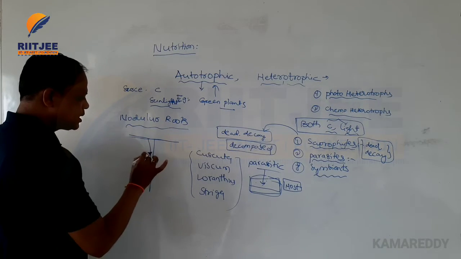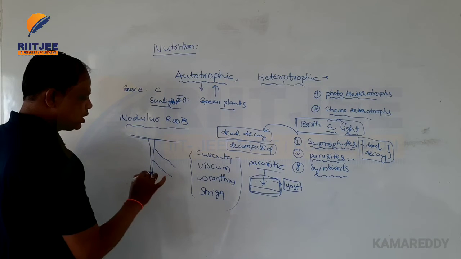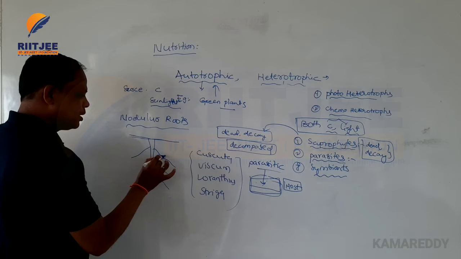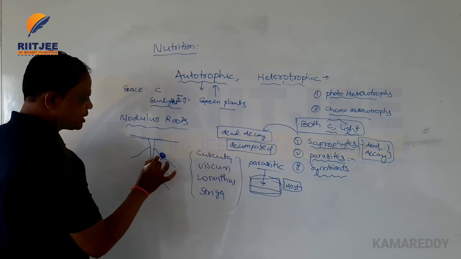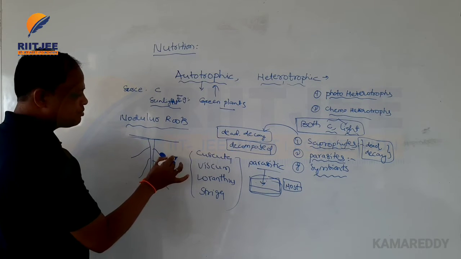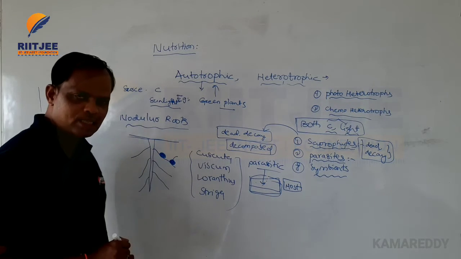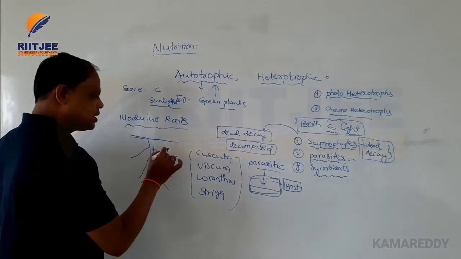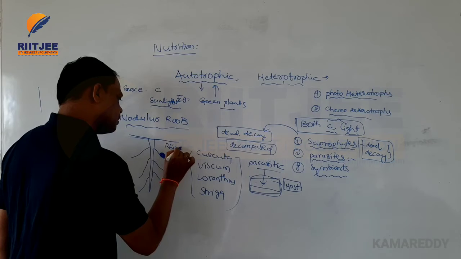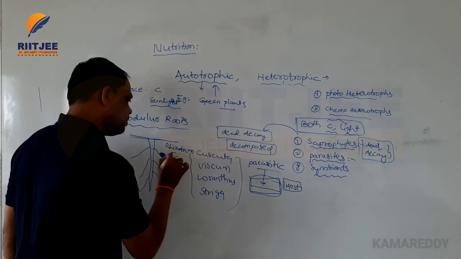The roots contain some small spherical structures. These structures are also called nodules. Inside of this nodule, one organism can live, and that is Rhizobium.